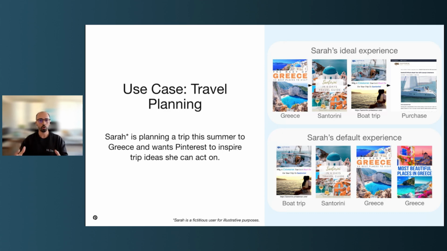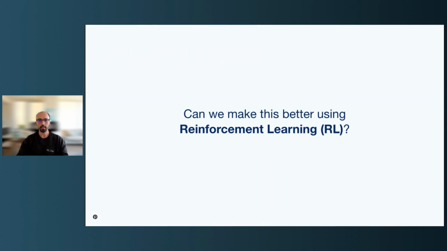The aim is to show highly relevant and interesting content, but not necessarily drive the users through that journey. So that's what our team was thinking of: how can we build that ideal experience for Sarah here? And what type of methods can we use when it comes to machine learning to do that? And that's where we thought of reinforcement learning. Can reinforcement learning improve that system?